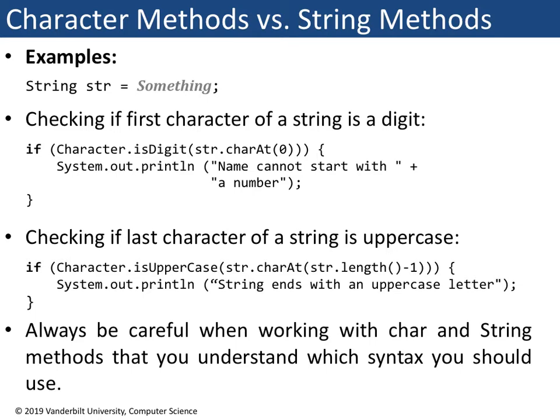So rather, what we need to do is use the built-in method of the string object, which will return the character at index 0. So index 0 will be the first character in a string, and this method returns a character value.